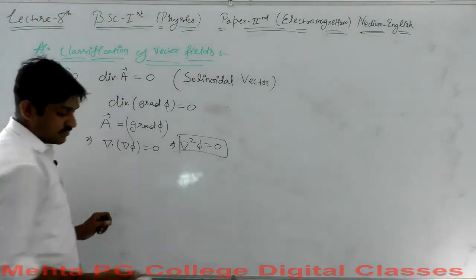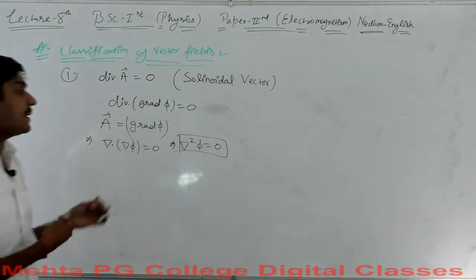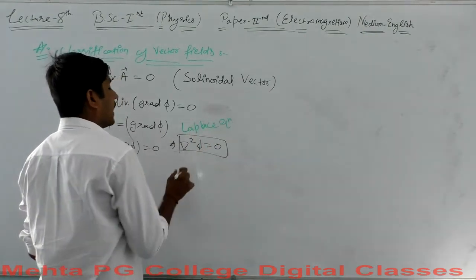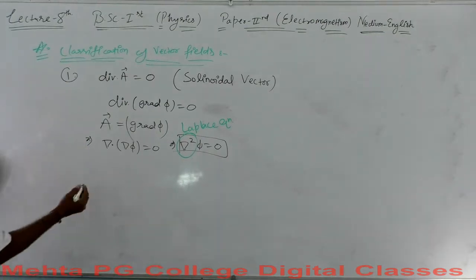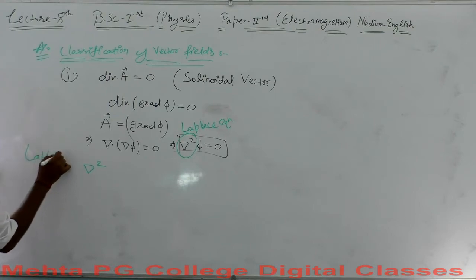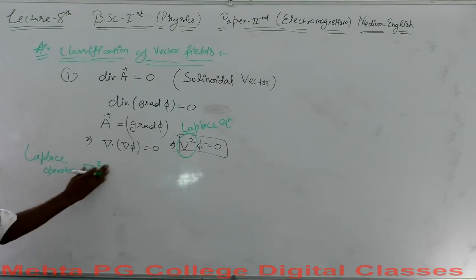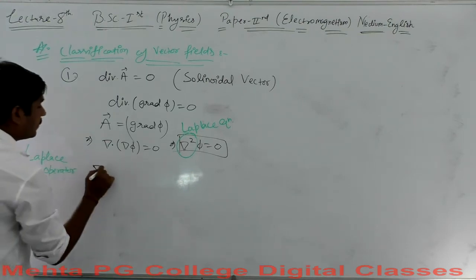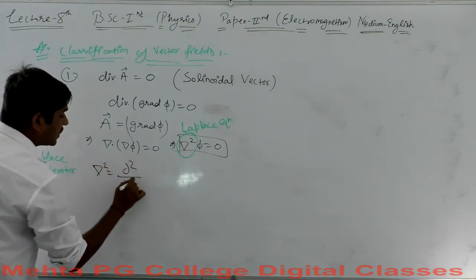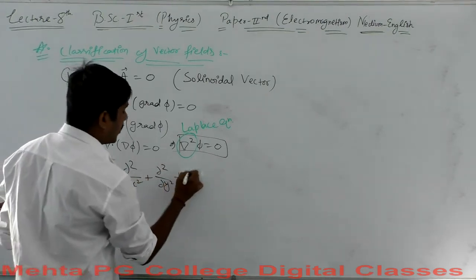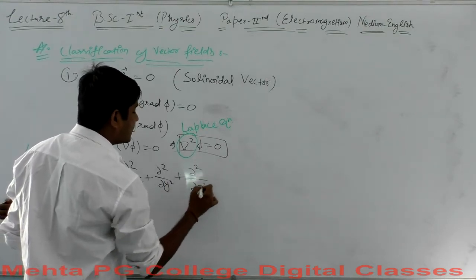And what is this equation called? This equation is called the Laplace equation, and this operator del square is called the Laplace operator, whose value is equal to curly square over curly x square plus curly square over curly y square plus curly square over curly z square.